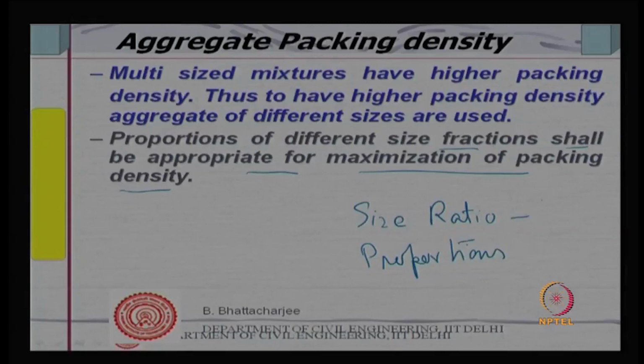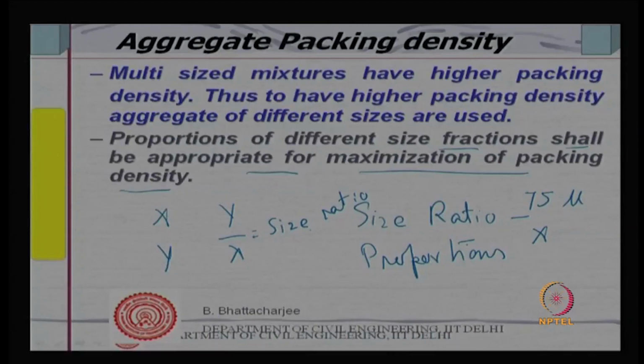Size ratio means, let us say the maximum size is 75 micron, then the next size is x, and the next size is y. The ratio y by x is the size ratio, and we said that this quotient we generally use as 2.